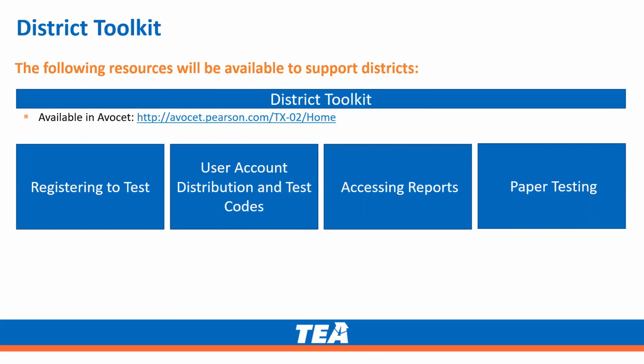So understand this is going to be a different version of Avocet than the one that you're used to using if you've used Avocet in the past before. We'll refer to this as Avocet 2. This is again going to contain end of year information for district and parents. So again, this is the district toolkit. You'll be able to find that in the Avocet web address URL listed on the screen here.